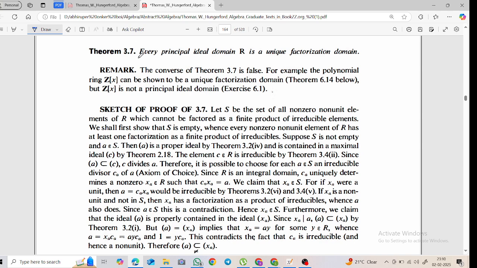Every PID is a UFD. Why? Because in a PID, prime and irreducible are equal. We have seen that prime and irreducible are equal in a PID, right? Hence R is a UFD.